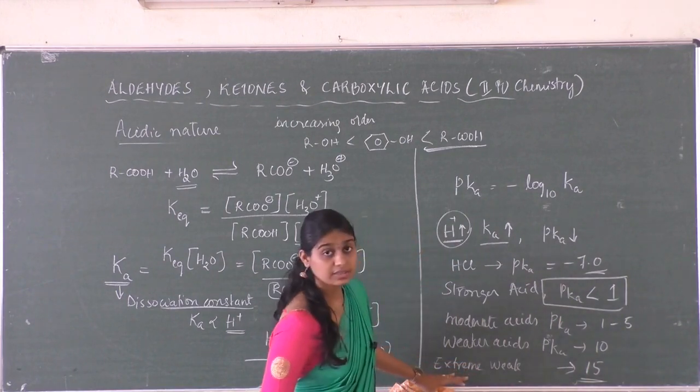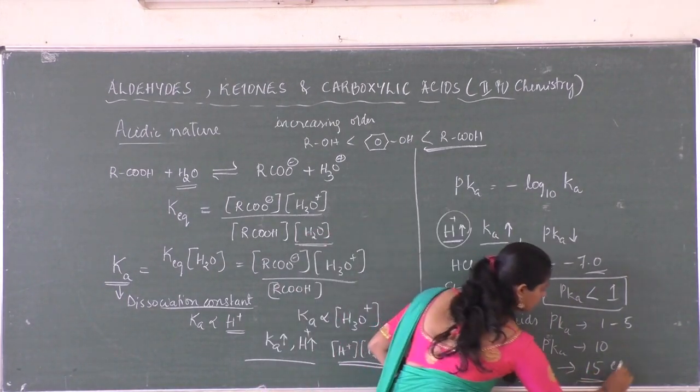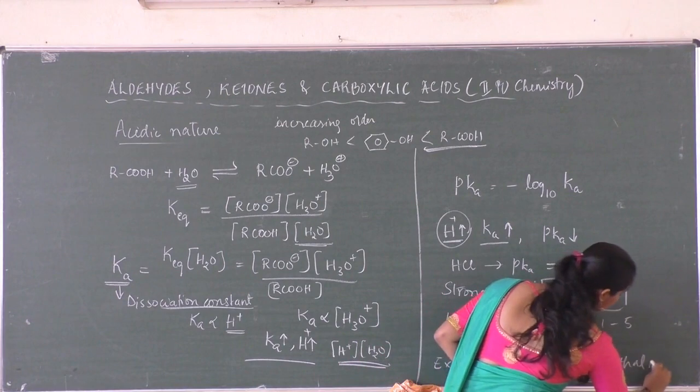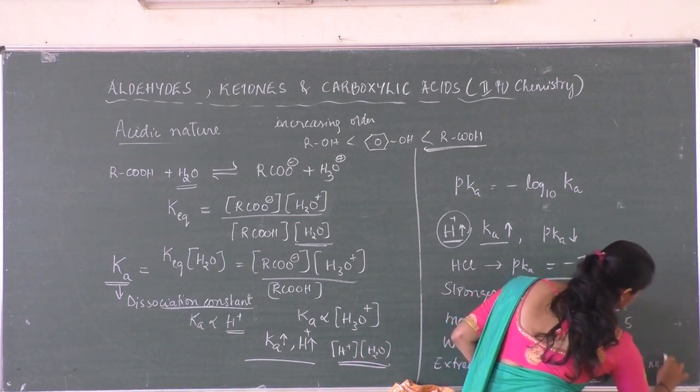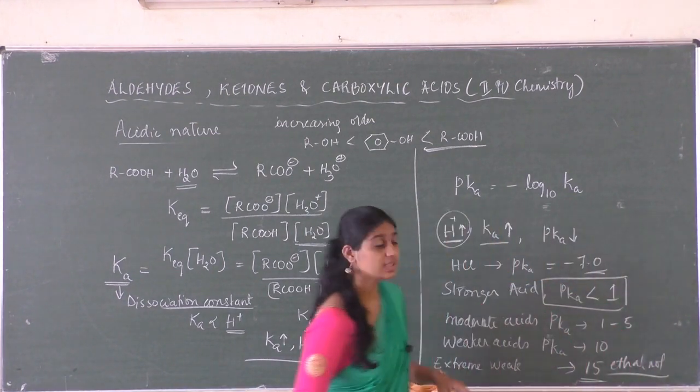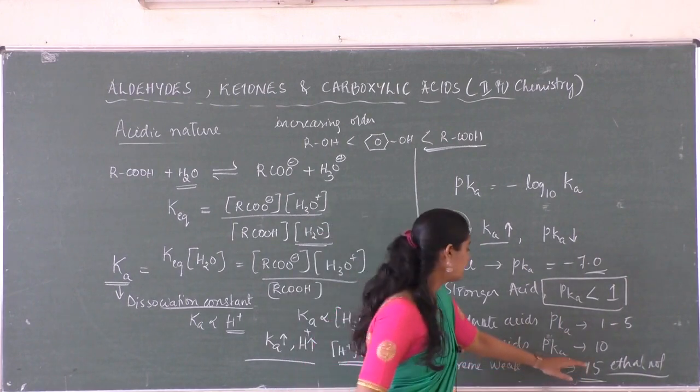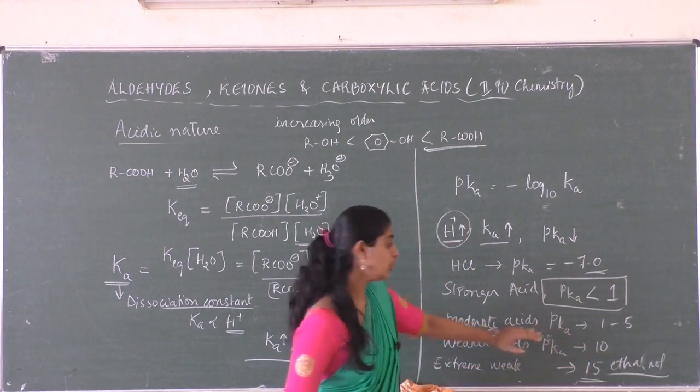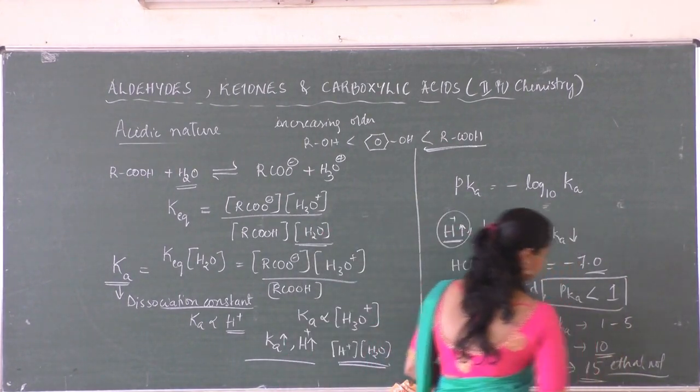For ethanol, that is alcohol, the pKa value is around 15 to 16, and the pKa value of phenol is around 10.